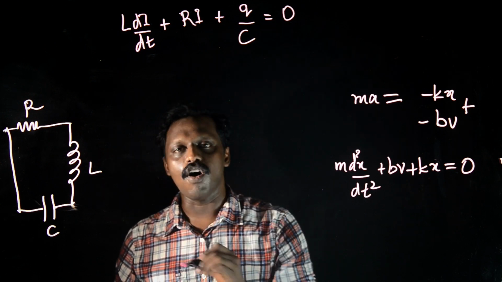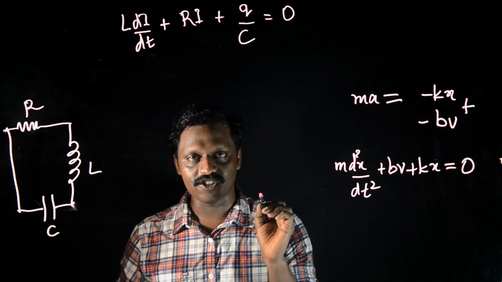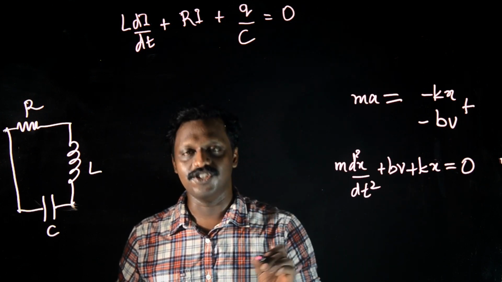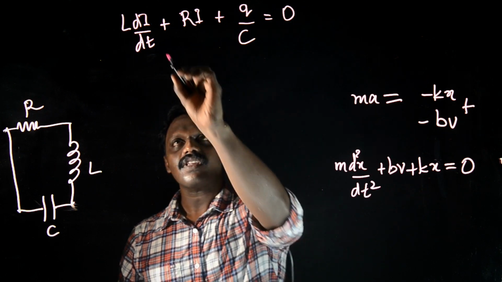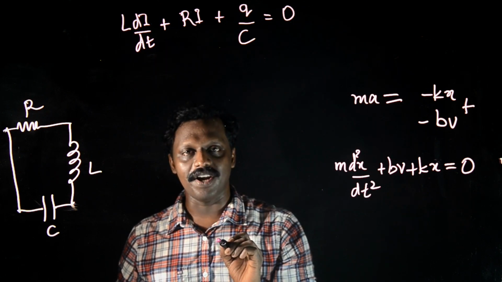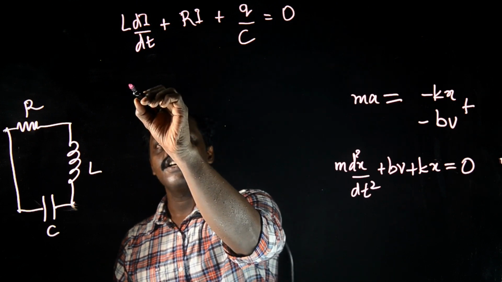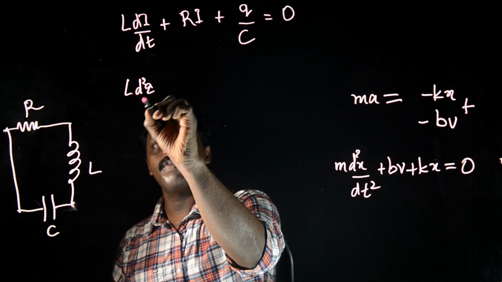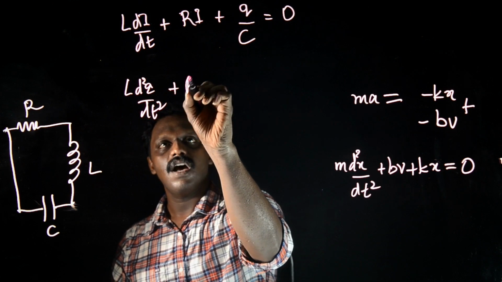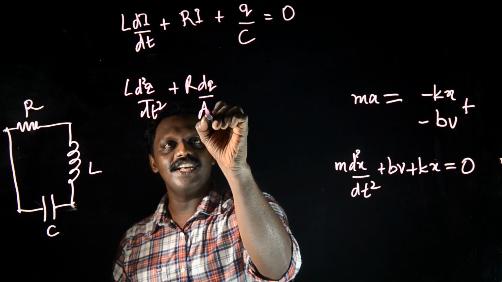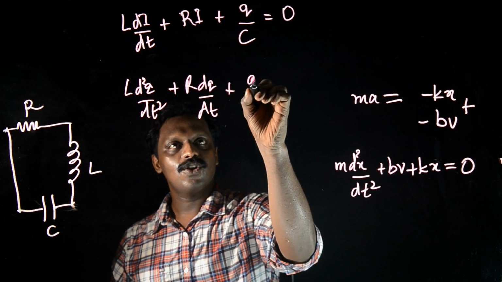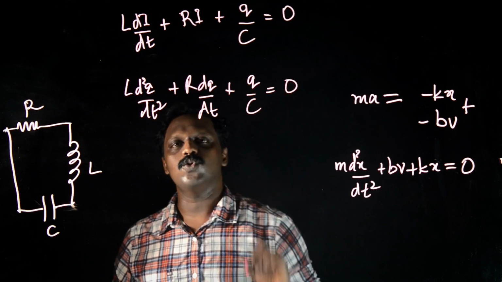That is, the algebraic sum of EMF and potential differences along a closed path is equal to 0. Now i is dq by dt, where q is the electric charge.